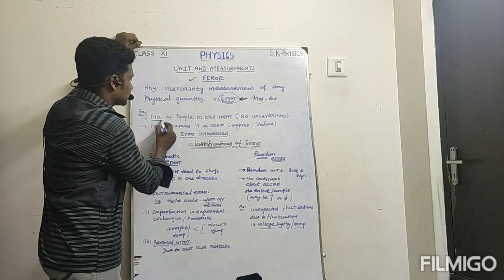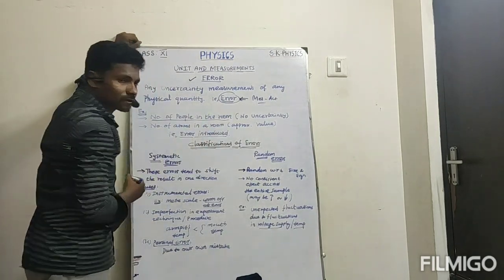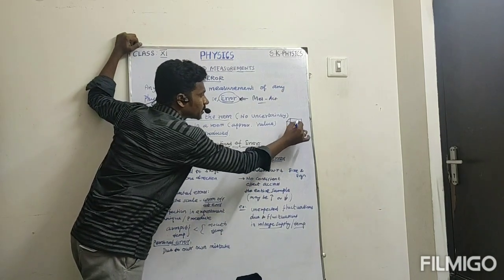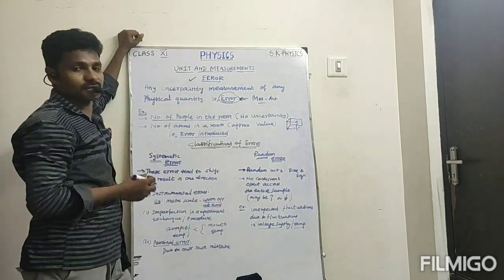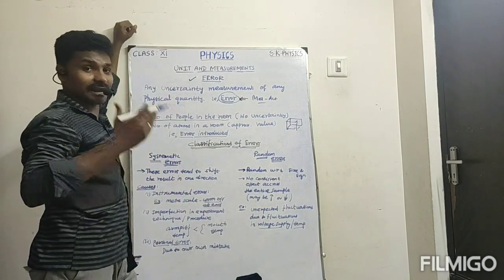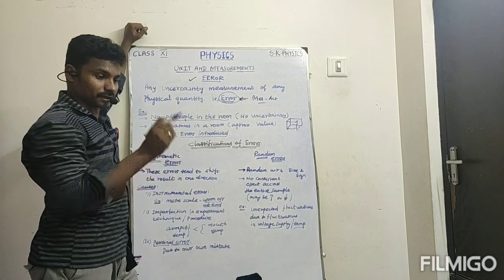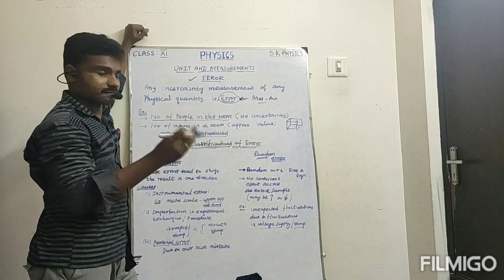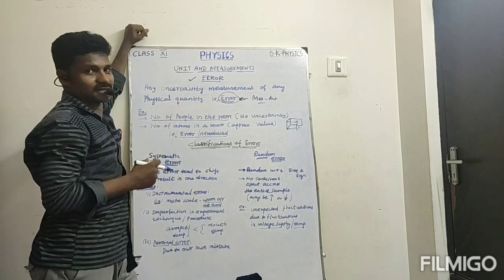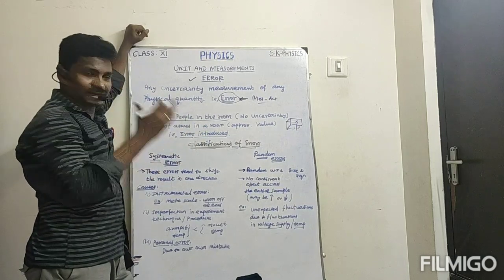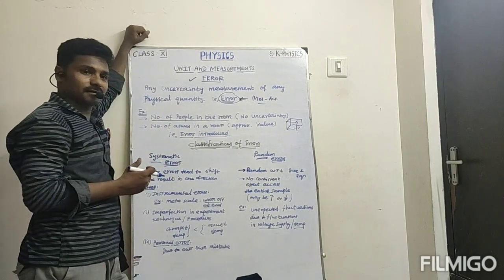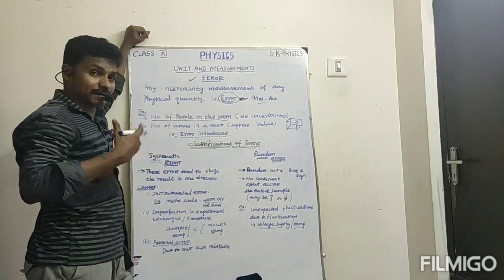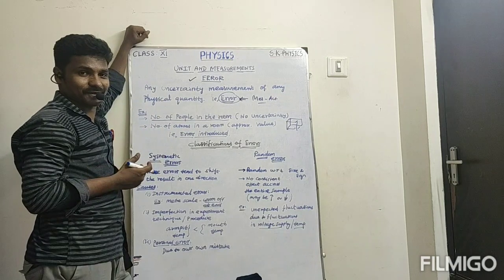I'll give one small example: the number of pupils in a room, maybe your classroom. In the classroom every day they write the number of students on roll, number of students present, number of students absent. So it is a definite one. Then every afternoon they ask for the campus report, how many students are present in the whole campus.